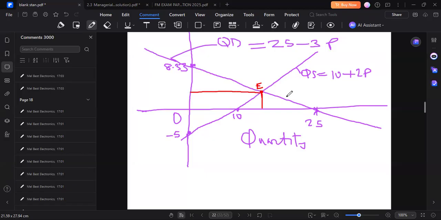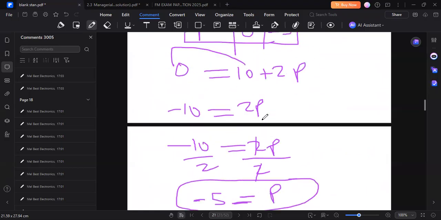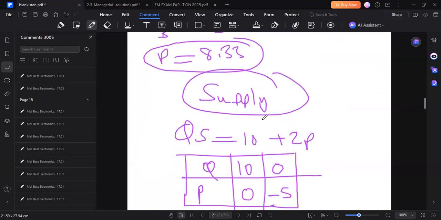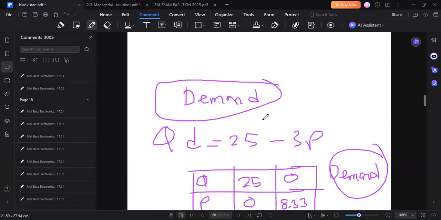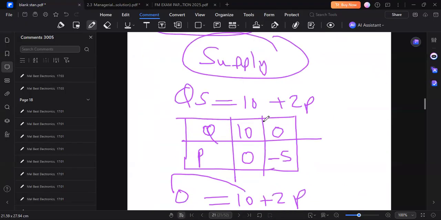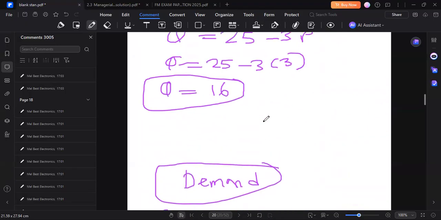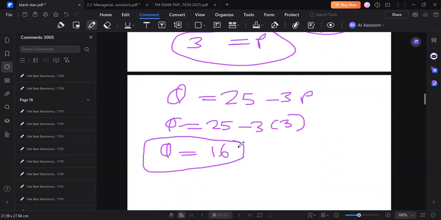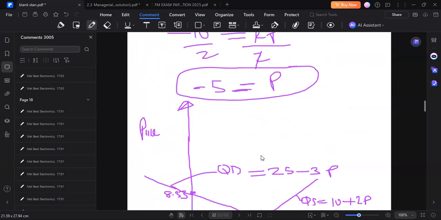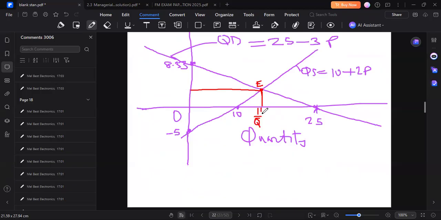So at this point, what was our equilibrium quantity? Let's go back. It was 16. So 16 here. And the equilibrium price was 3.